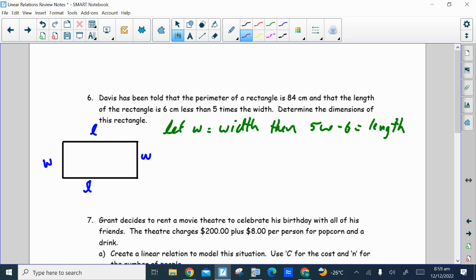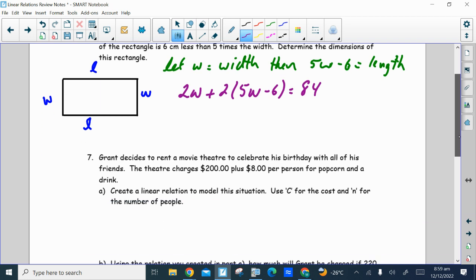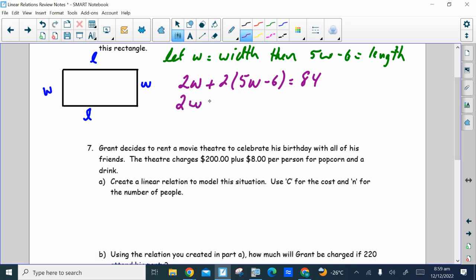So now we can write our equation. The perimeter, there are 2 widths plus 2 lengths, and the length is 5W take away 6, and altogether that would equal 84. So 2 times 5W take away 6 would be 10W take away 12. 12W take away 12 equals 84.